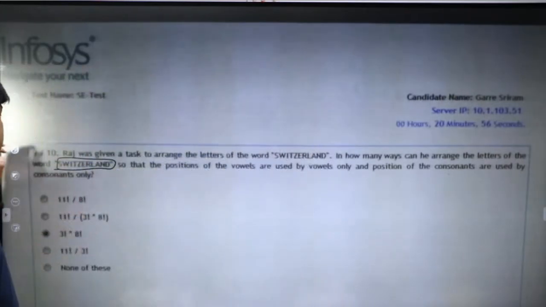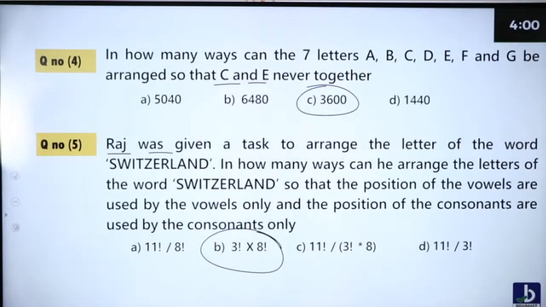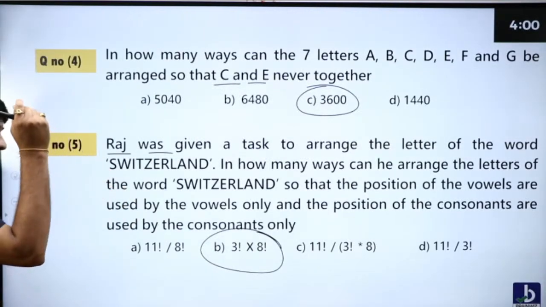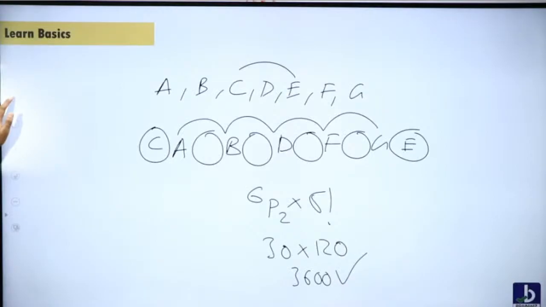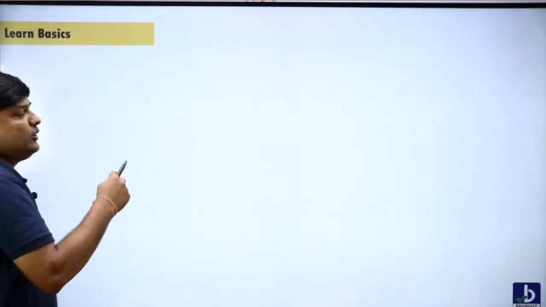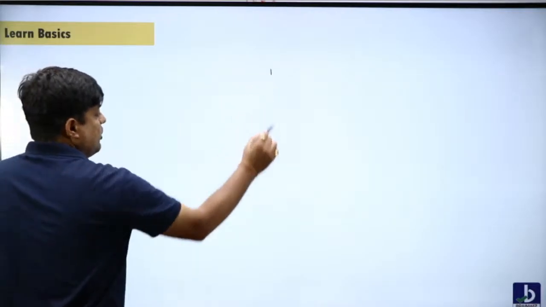He said the positions of vowels must be used by vowels only, and the positions of consonants must be used by consonants only. Some of the students have a doubt in this. Let's move forward and check it out. Before we go to Switzerland, let's try a word called clear.